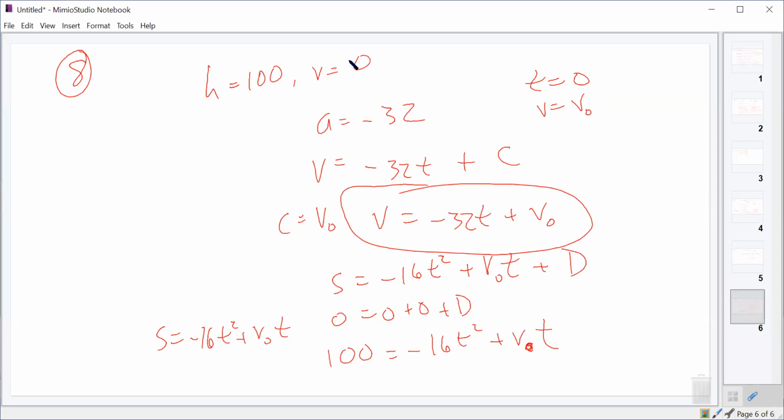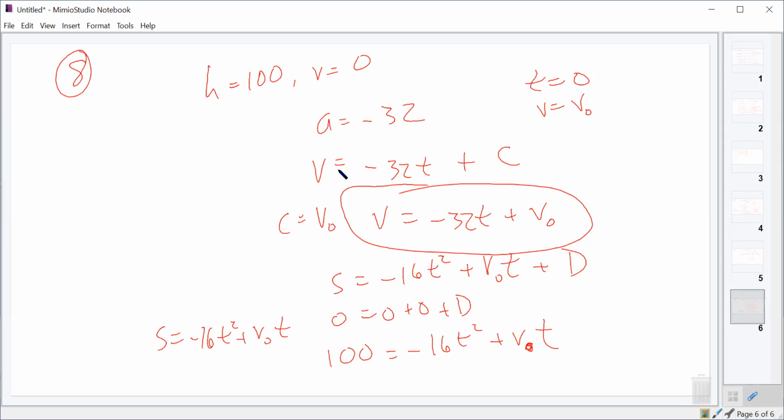Right. We can relate this velocity. We could say that the velocity is 0 at the time at which it hits this height of 100. So the t at which it hits 100 here is the same as the t at which it hits 100 here.